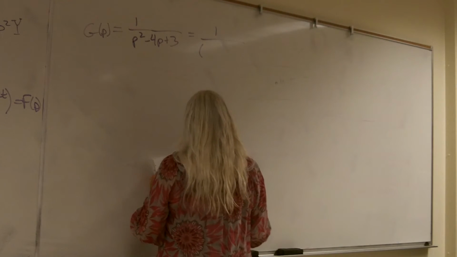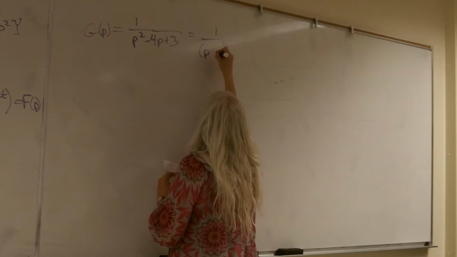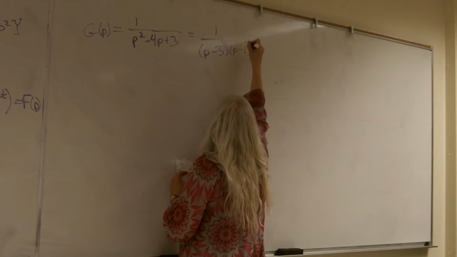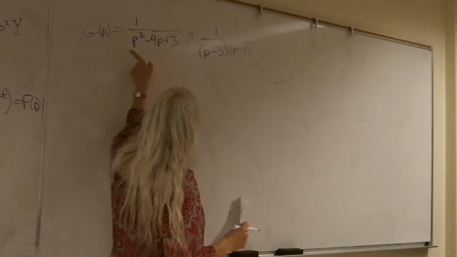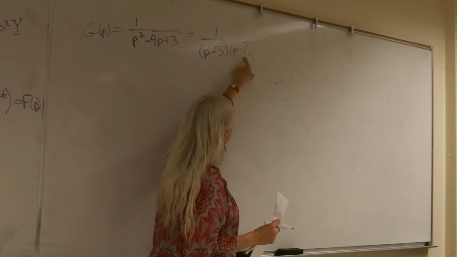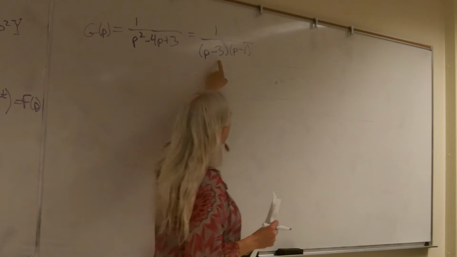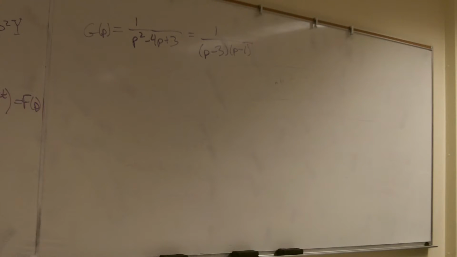So let's factor that. We can factor that into p minus 3 and p minus 1. Right? Because if we multiply that back out, we get a p squared, we get a minus 1p and a minus 3p combined would give us a minus 4p, and minus 3 times minus 1 is plus 3. Right? So that's our factored version of that. Okay?